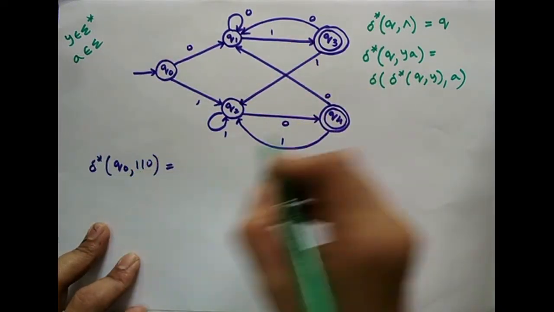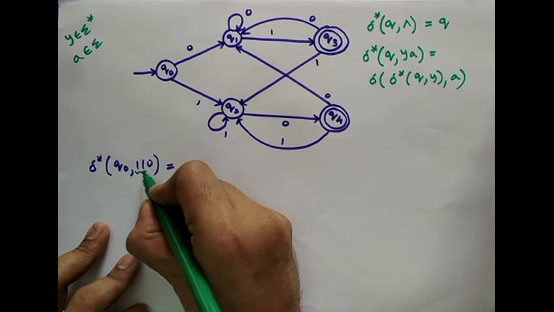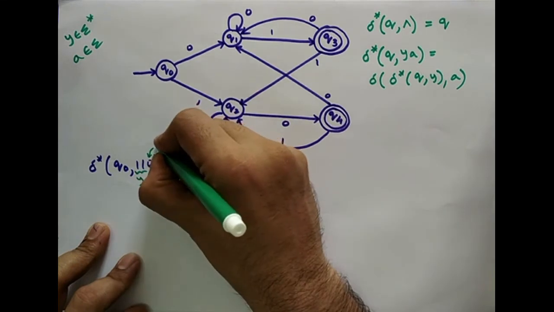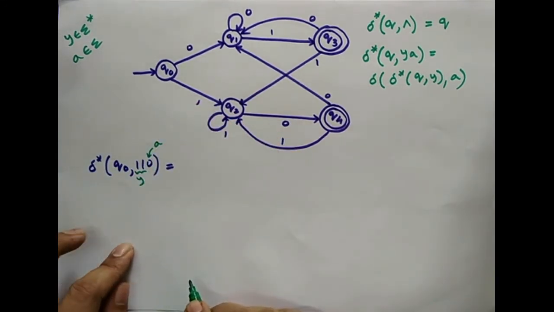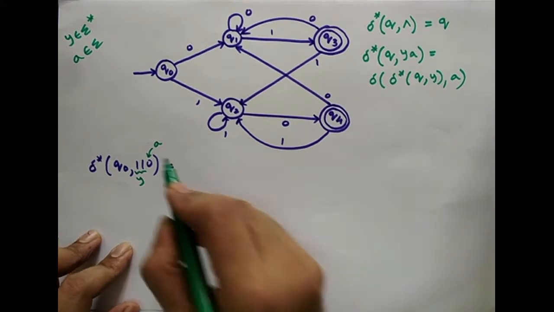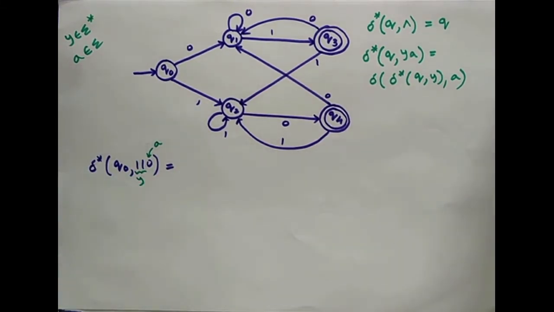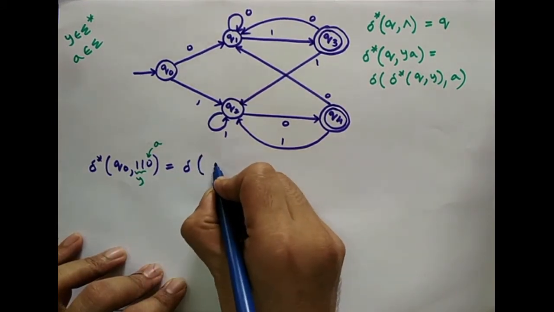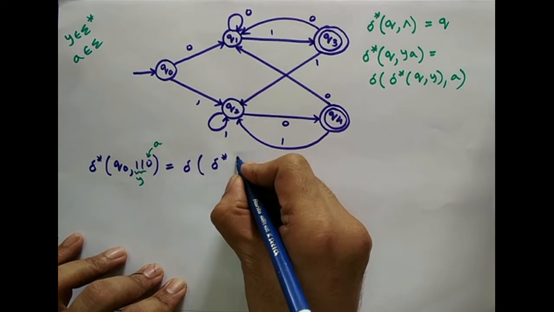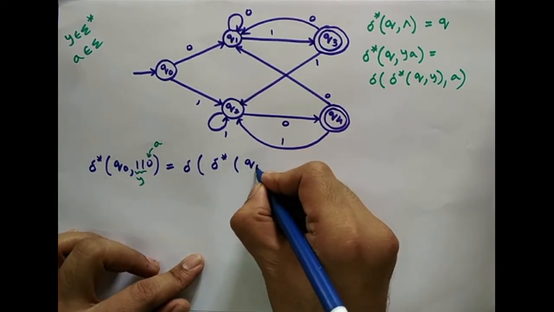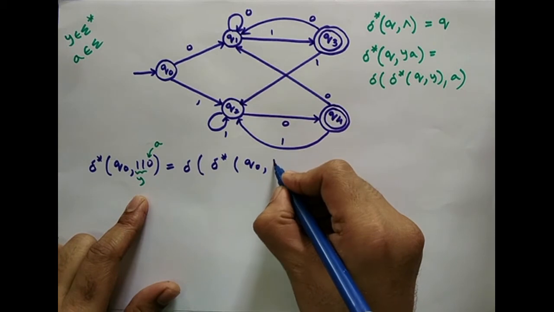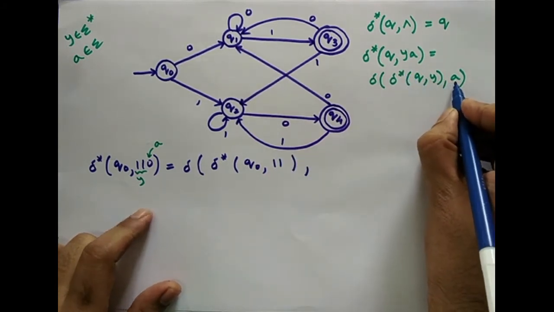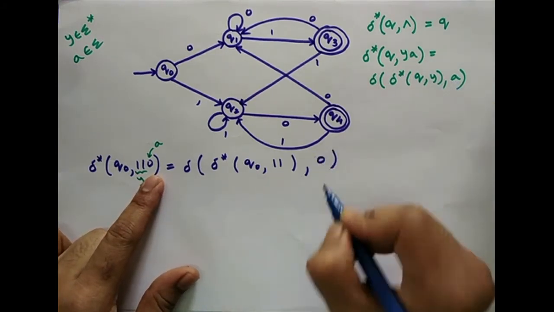So ya means the first part of the string will be y, and the last element will be considered as a. And now I will use the formula. So this can be written as δ(δ*(q0, 11), 0), where y is 11 and a is 0 in this case. Simple.